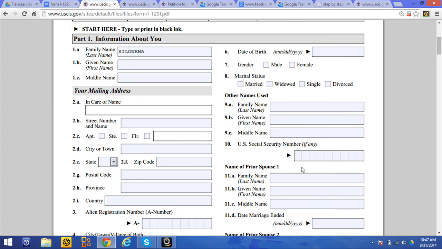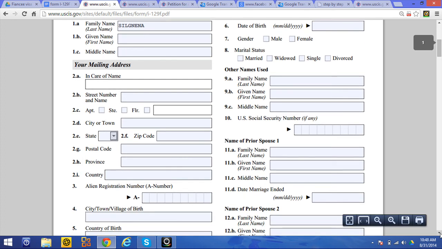Question 11 is really important. It's about the U.S. citizen's eligibility. Let's say you were married in the past. They want to know the last name and first name of this person, and the date the marriage ended.